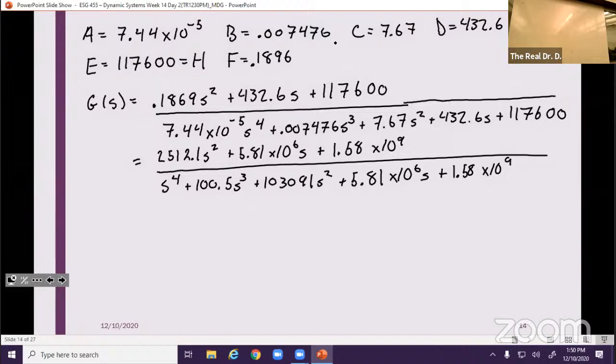So this is our transfer function. There's our transfer function.